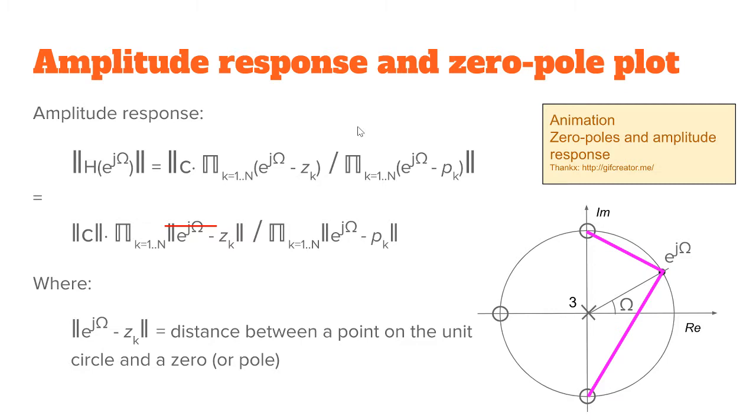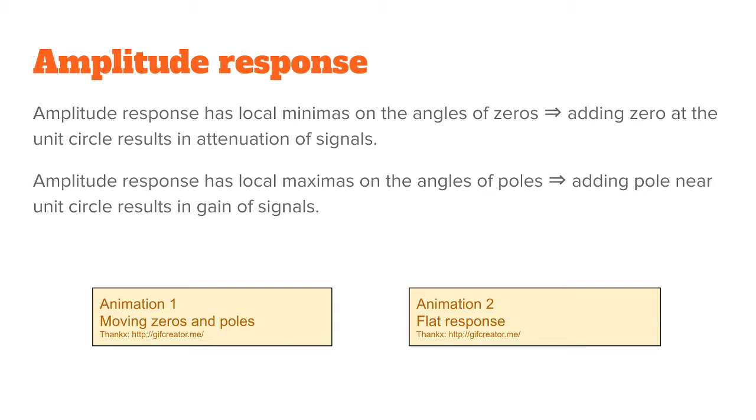Oh yeah, I have some strange things. So the amplitude response has local minima at the angles of zeros. Wherever we have a zero, on that angle the amplitude response goes to 0 at that omega 0 frequency.